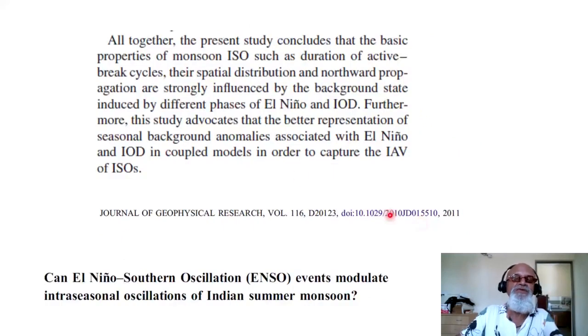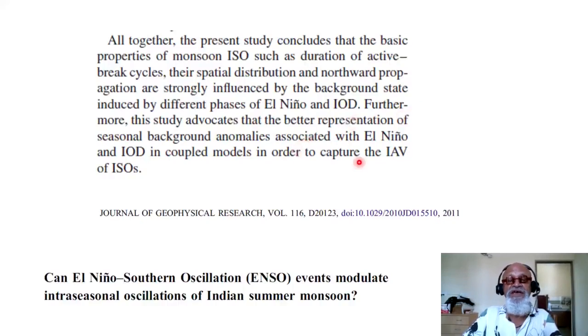And what they conclude at the end is, altogether the present study concludes that the basic properties of monsoon ISO, such as duration of active break cycles, their spatial distribution, and northward propagation, are strongly influenced by the background state induced by different phases of El Nino and IOD.